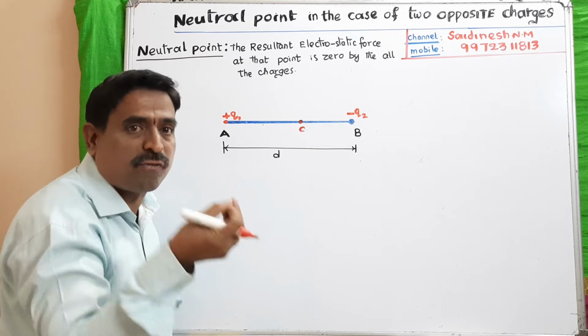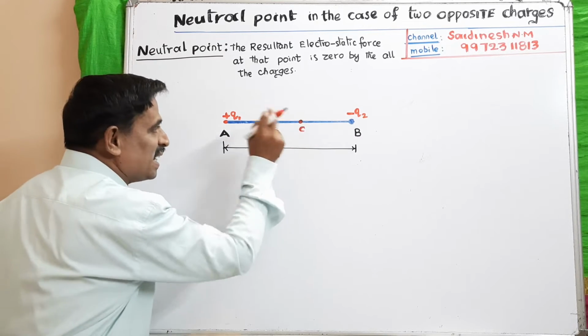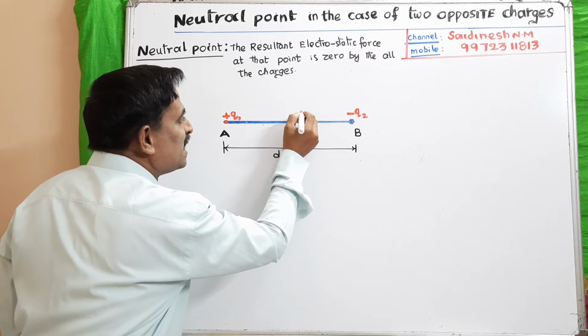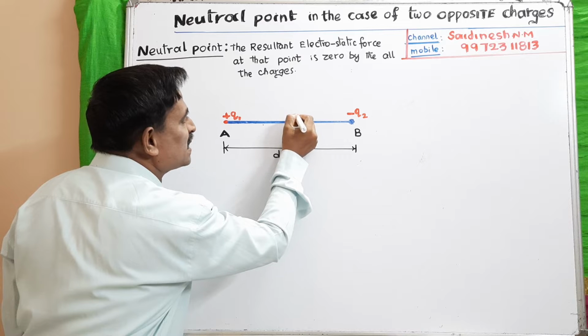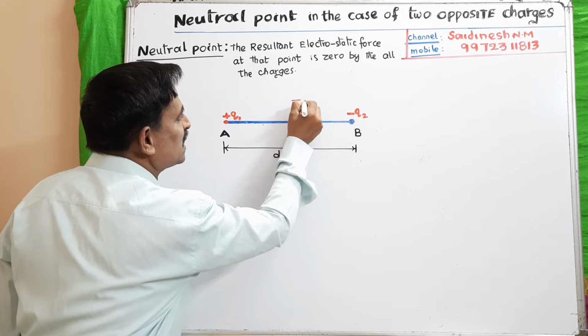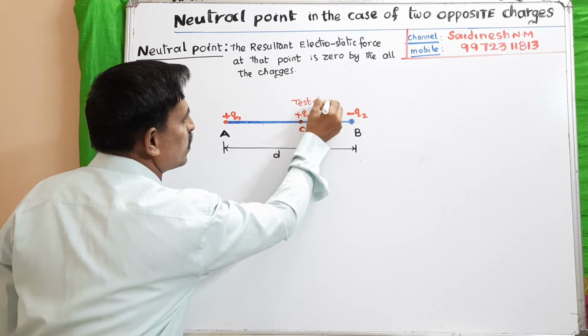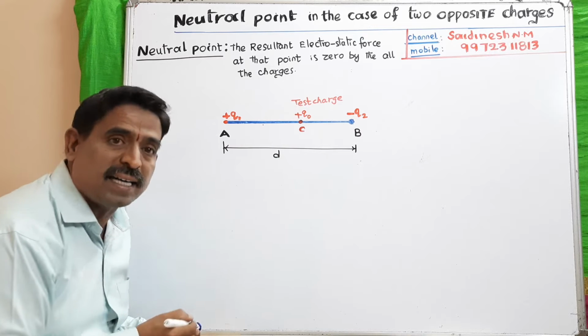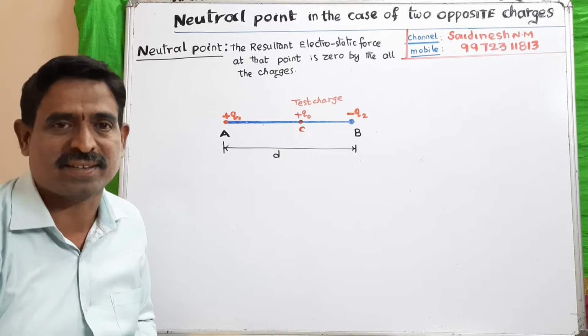Whether it is true or false, we will check. At point C, you have to assume there is a positive test charge. Q naught represents the positive test charge.